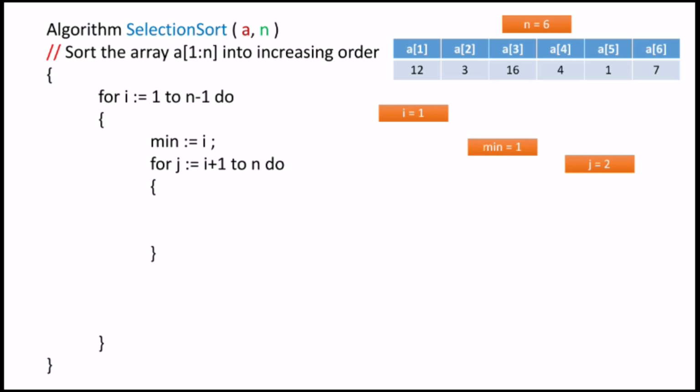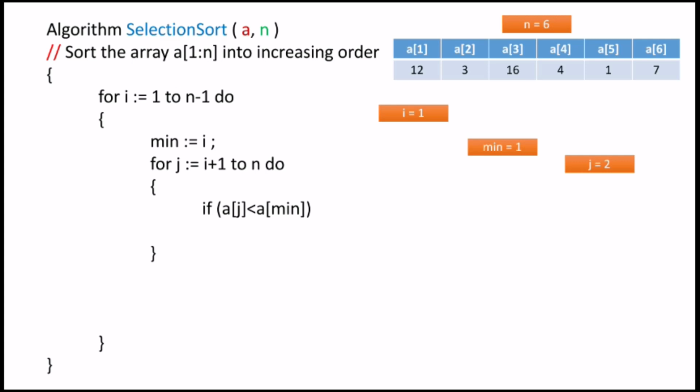So here first we will compare the second number with the assumed minimum number. So this is the statement. Our assumed number, that is minimum number, is 12 and the second number is 3.